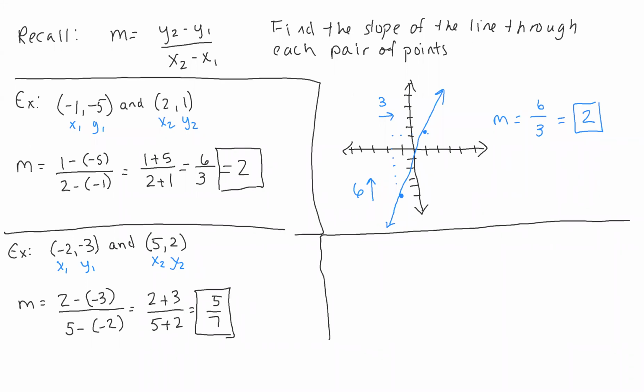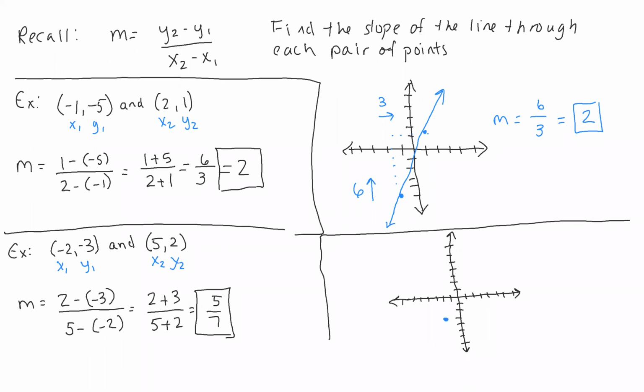Now let's look at the other example. Again, I'm just going to sketch points here so you can see. For the first point, we had -2, -3. So from the origin, I'm going to go to the left 2, down 3.